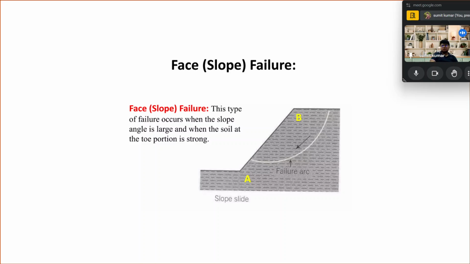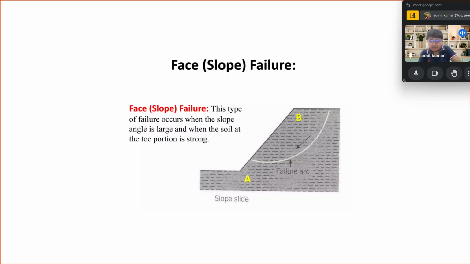In a face slope failure, when the slope angle is large and when the soil at the toe portion is strong, in that case the failure takes place from the face only, as the slope soil mass moves through that section. So this type of failure is the face failure.